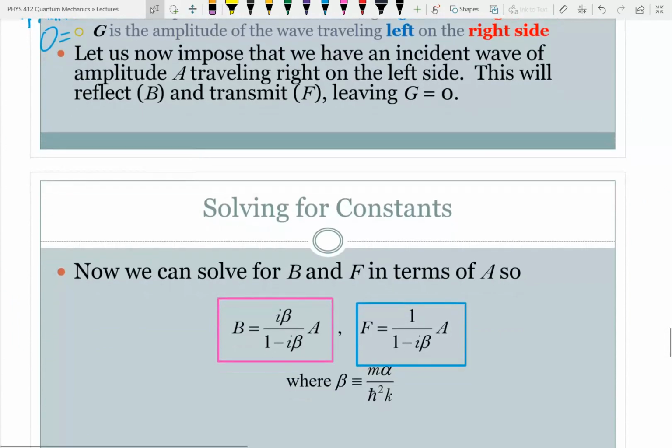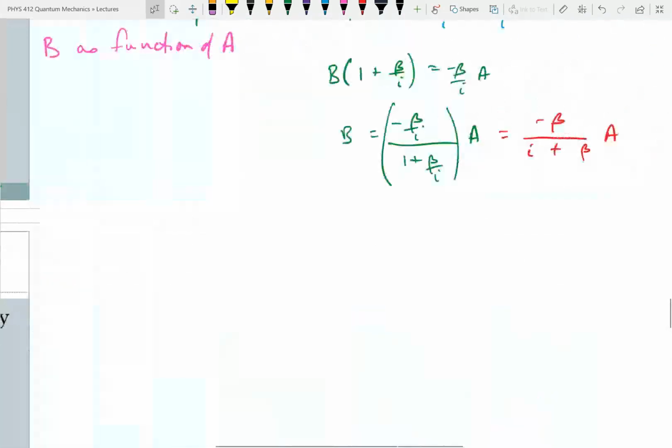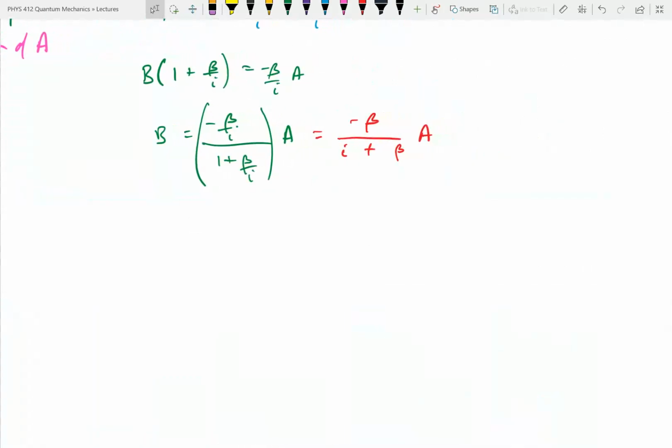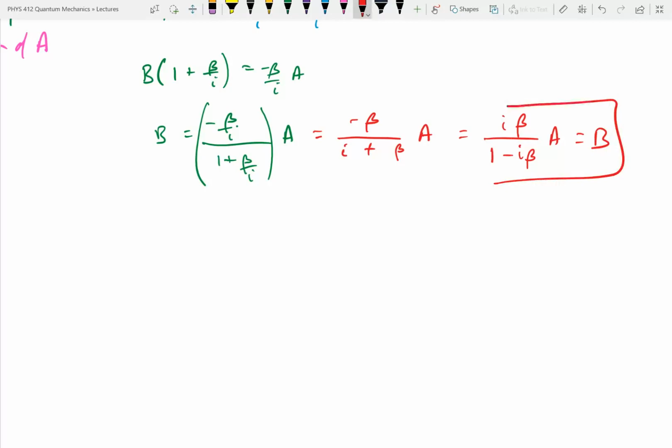Oh, and they multiplied everything by I once again, by minus I. So I multiplied everything by minus I. So minus beta became plus I beta. I became minus I squared or plus 1. And beta became minus I beta. So there we've got B.